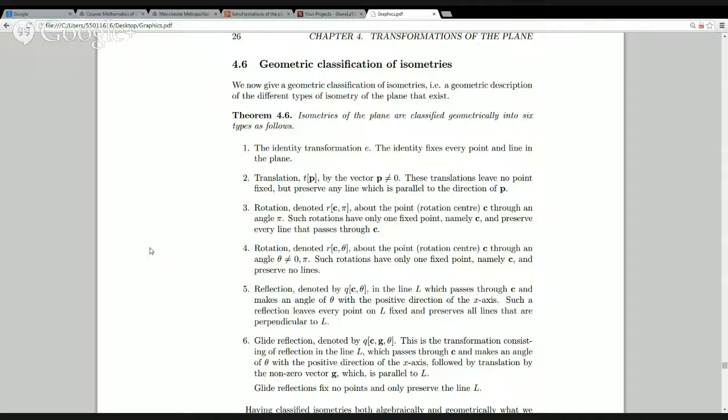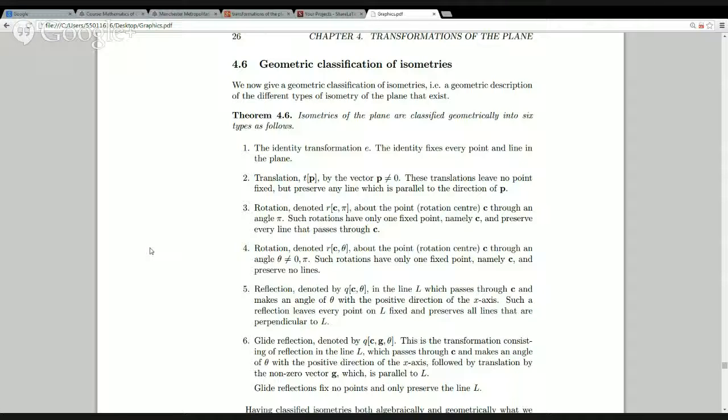Here's a generic point C. And the line of reflection, the axis of reflection if you like, is going to be this line here, where this angle here is theta. So the angle that the line makes with the positive direction of the x-axis, that's the angle theta there. And so this Q c theta is the reflection in that line, okay?